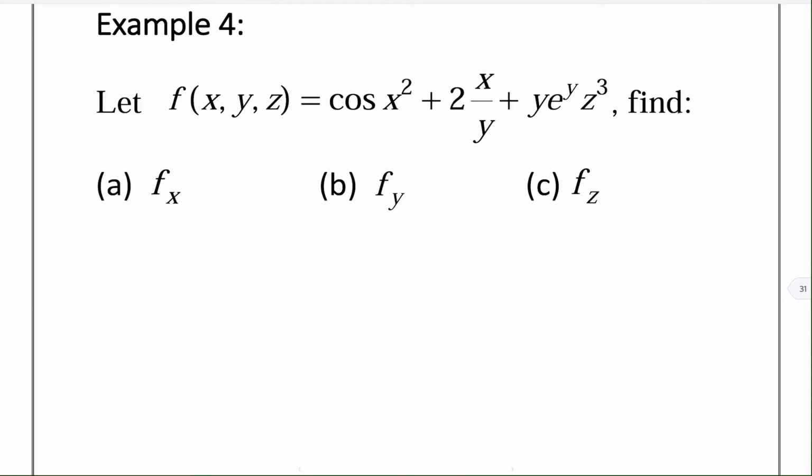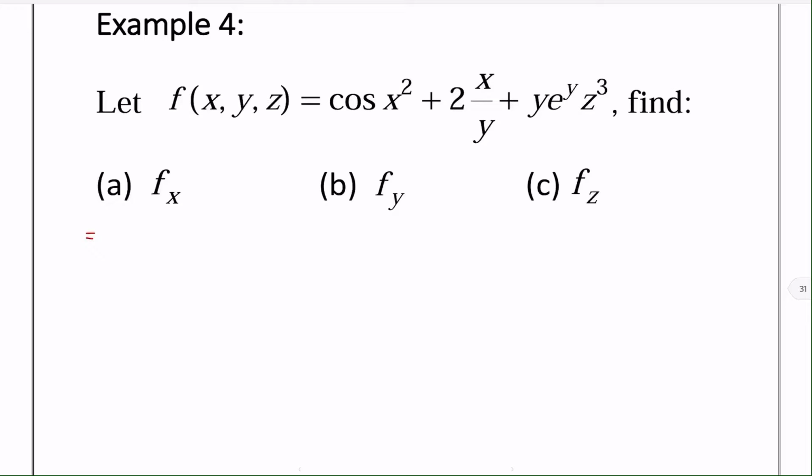Let's say we have f(x, y, z) equal to cos x squared plus 2x over y plus y z cubed. Now we want to find f_x, so we hold y and z as constants. We need to differentiate cos x squared.